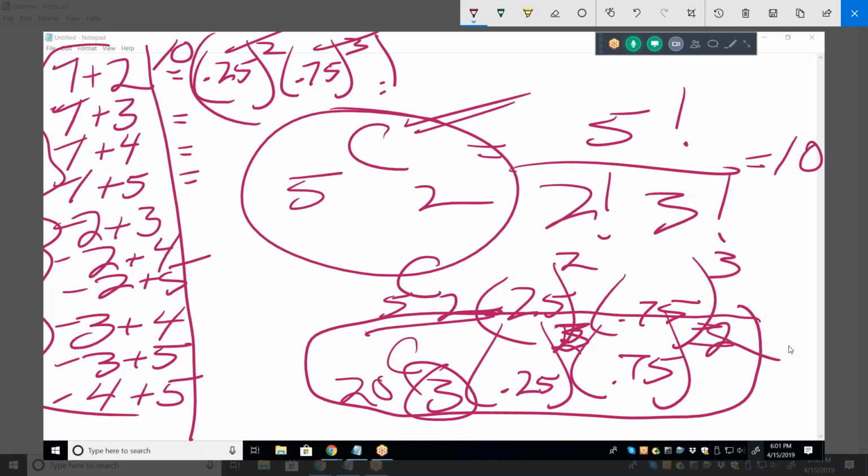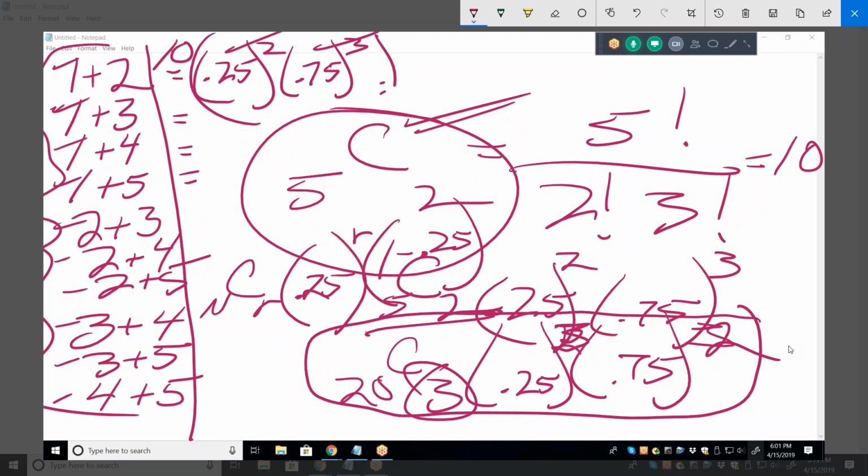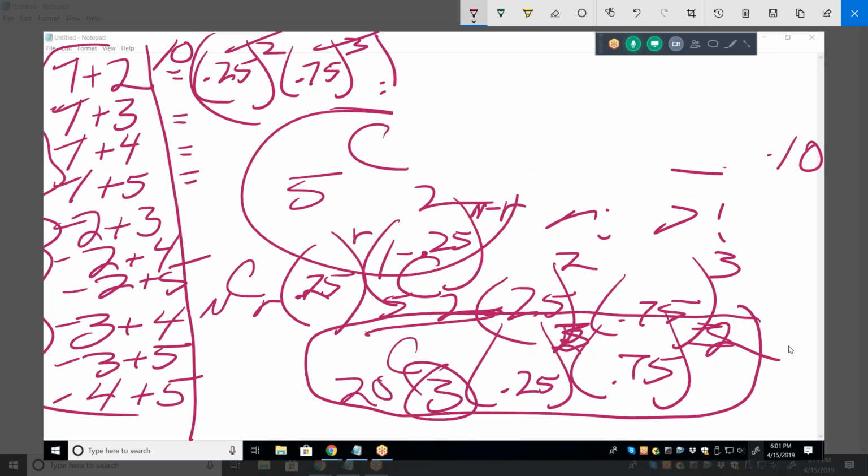So what it really is, is n choose r times the odds of guessing correctly to the r power times the odds of guessing incorrectly to the n minus r power. I don't know if you can see all that. Let me rewrite that up top here in blue.